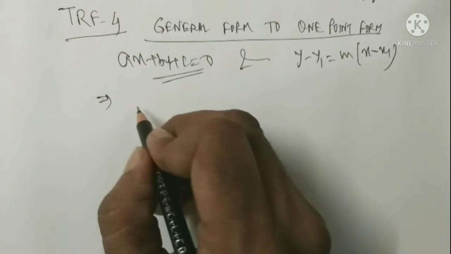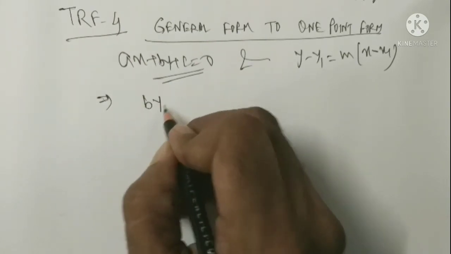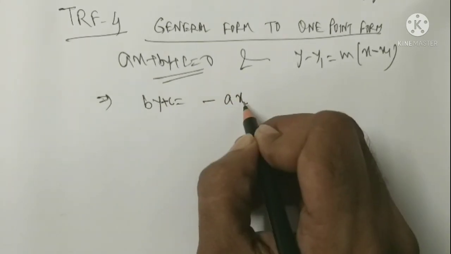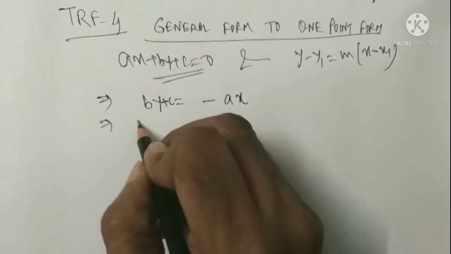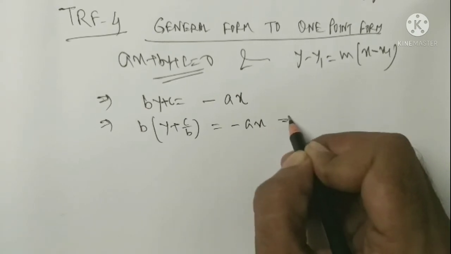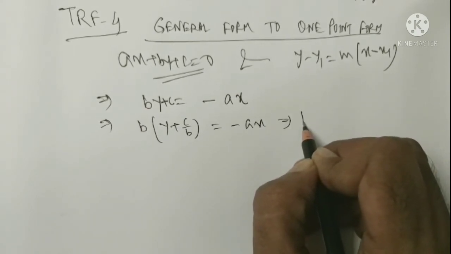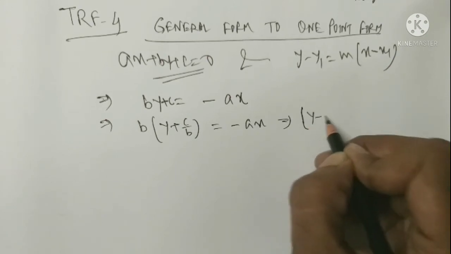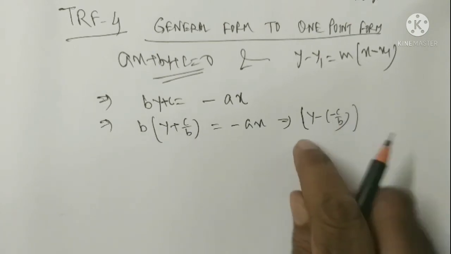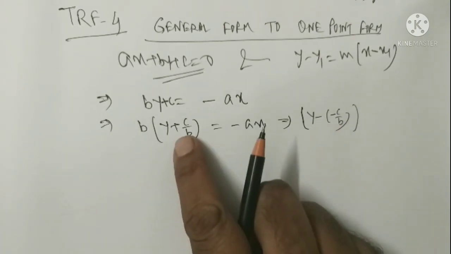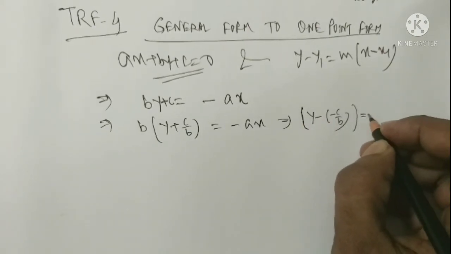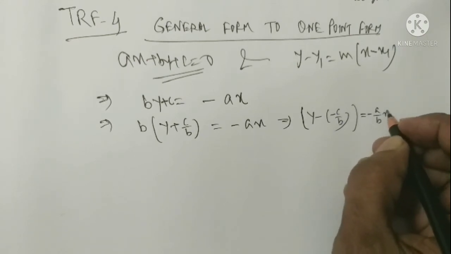We have by equals minus ax minus c, so taking b common, y equals minus ax by b minus c by b. Now we have to bring it to y minus y1, so we manipulate: y minus of minus c by b equals minus a by b x.